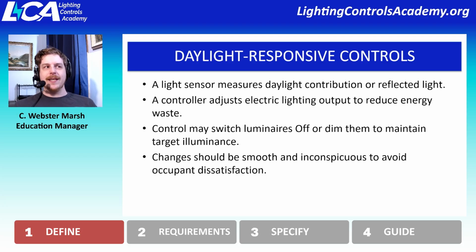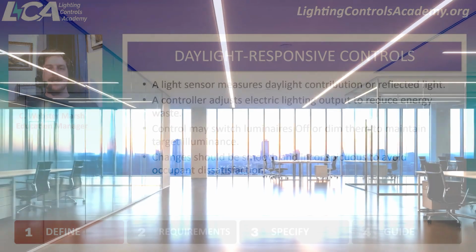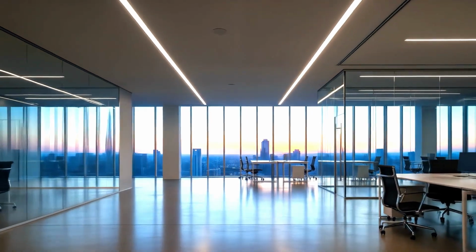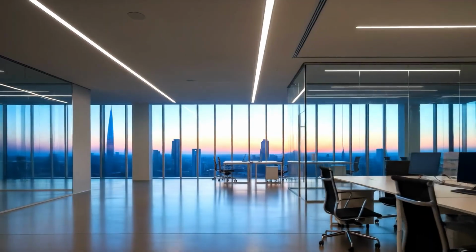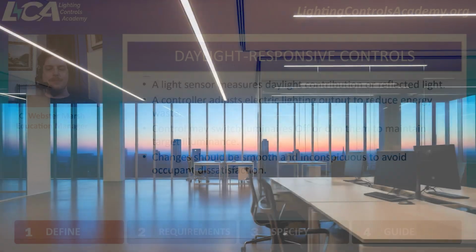What we're seeing is that it used to be really hard to get people to adopt daylight responsive controls, primarily because of that hard switch on off. Just like any lighting controls, you want to make sure that the changes are smooth and not really noticed. It used to be that when lighting controls would shut off on people, people would notice it.